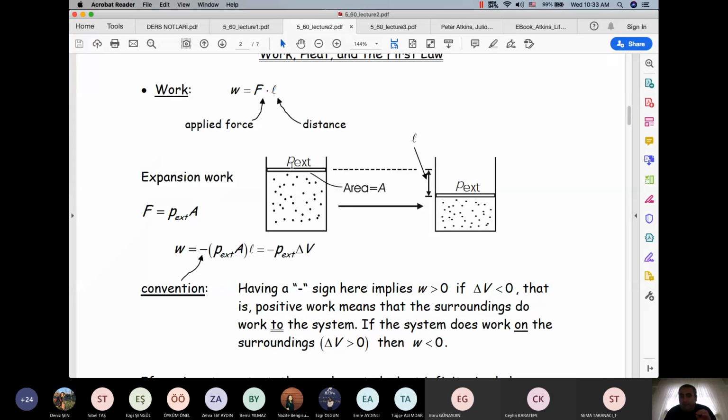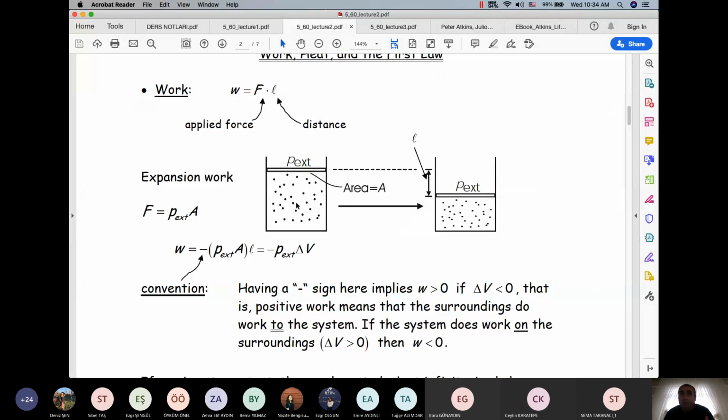If the system is at equilibrium and you make tiny changes in the external pressure, bringing the system from here to here, at any instant the pressure of the system is almost the same as the external pressure. Then what you go through from here to here is the work done by the reversible process.